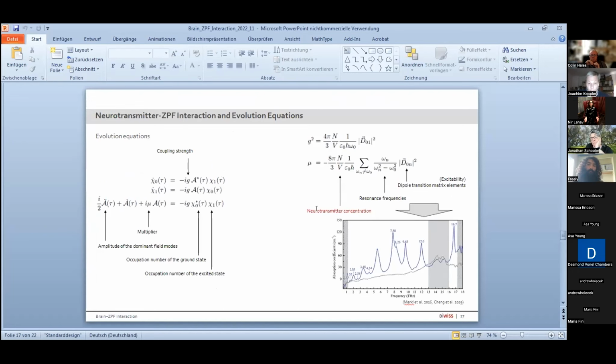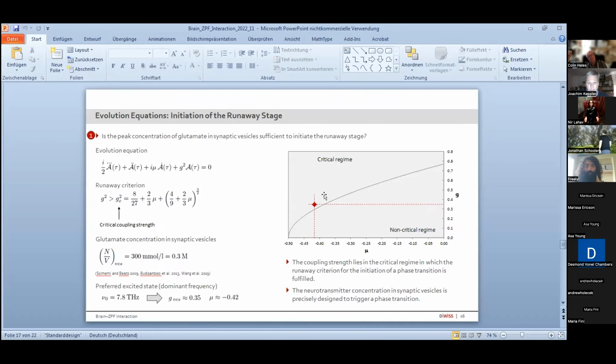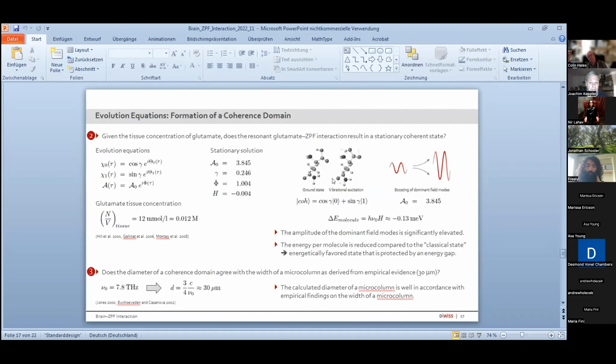Only with this highly concentrated glutamate pool in the cortical microcolumns do you get this runaway solution, and this, at the end of the day, this coherent state, this stabilized coherent state. Got it. Yeah, this would not work. You're right.